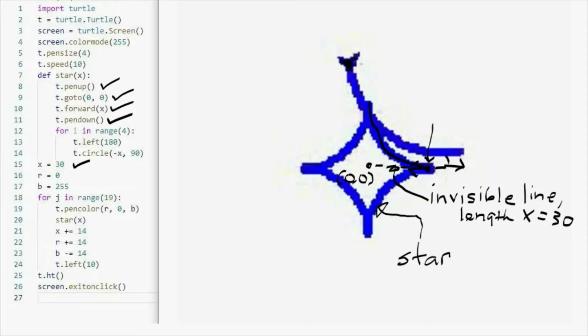So there is a 180-degree turn to the left of the turtle. Look at line number 13. Now that the turtle is turning left, we are ready to draw this arc here.